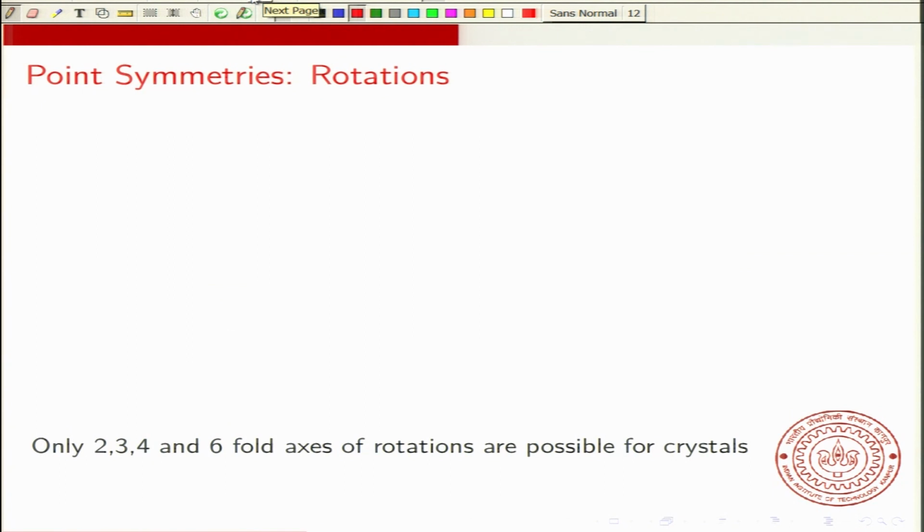So we said that only C2, C3, C4 and C6 are allowed, and C5 is not allowed.